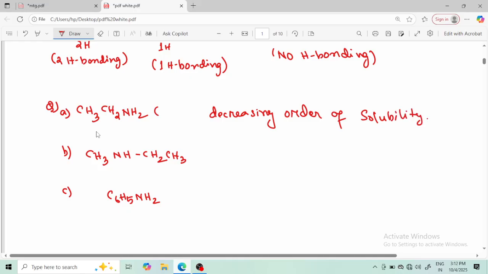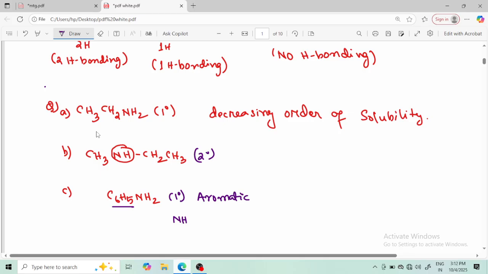So this one I know that it's 1 degree, because along with nitrogen there are 2 hydrogens. This one, if you pay attention here, how many hydrogens are there? Only 1 hydrogen, right? So it is 2 degree. But this one, although it is 1 degree, it is aromatic. Why can I say it's aromatic? Because C6H5 is there, or not?